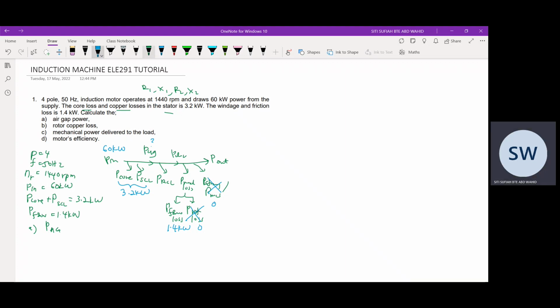Alright, so P air gap equals P in minus P core minus PSCL, that is 60K minus 3.2 kilowatt. So you will have 56.8 kilowatt. Okay, so A done.